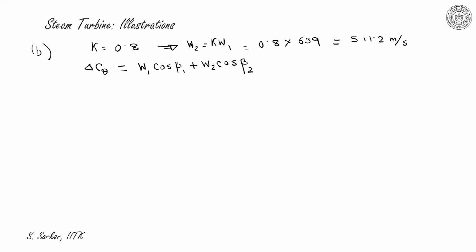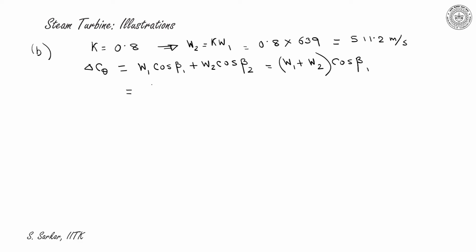Beta 1 and beta 2 are equal, so it would be W1 plus W2 into cos beta 1. And thus I have calculated W2.